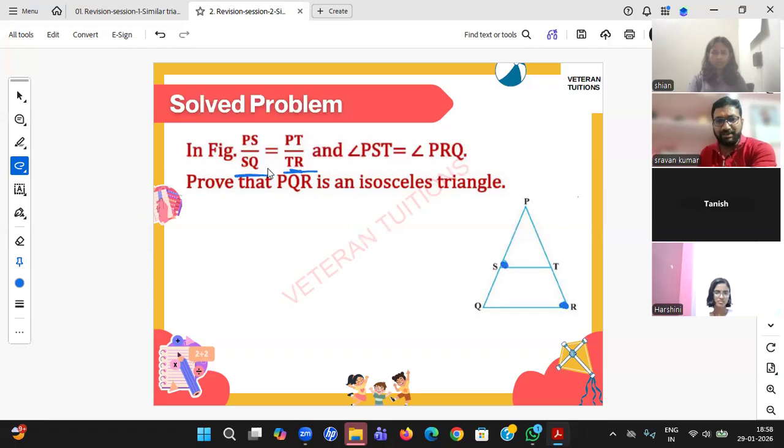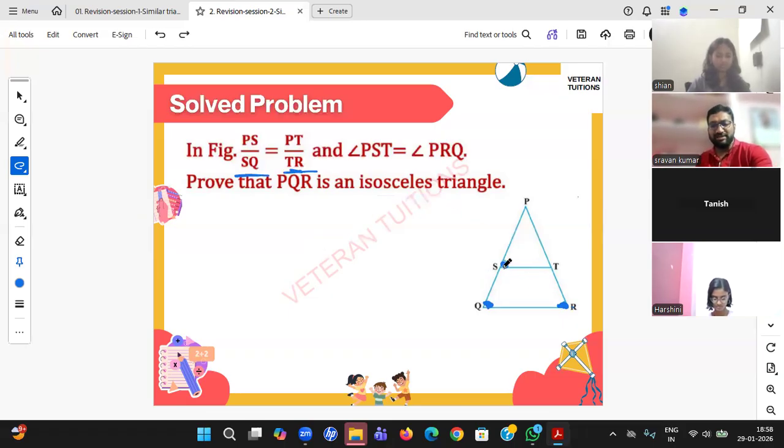Now, by the converse BPT, what can you say? If this ratio is equal, you can say that this line and this line are parallel to each other. If these both lines are parallel, this angle will be equal by corresponding angles. You should write this statement. Now, in a big triangle, if both angles are same, it's an isosceles triangle. In that way, you can use this.